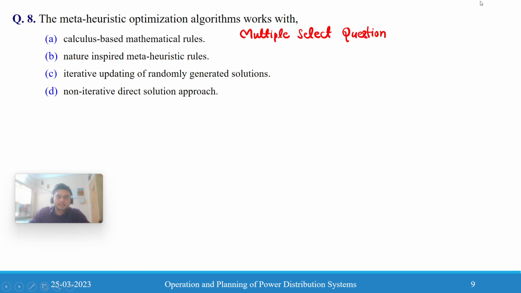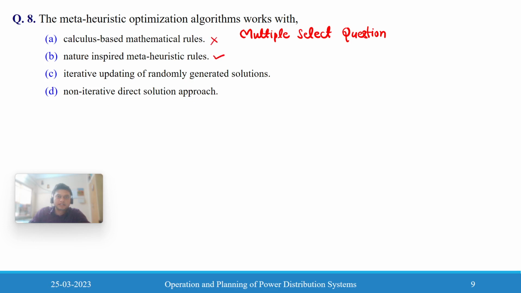If you have gone through the slides of the video lectures, then you can easily predict that calculus based mathematical rules come under the deterministic algorithms or mathematical logic based algorithms, and nature inspired meta-heuristic rules come under this optimization algorithm. So B is the correct option.